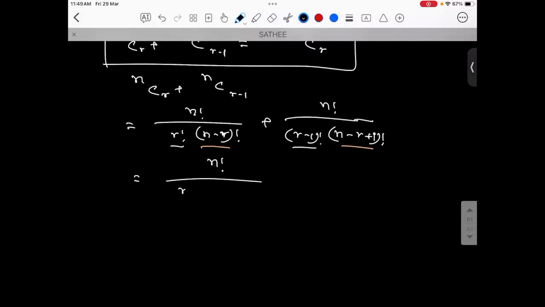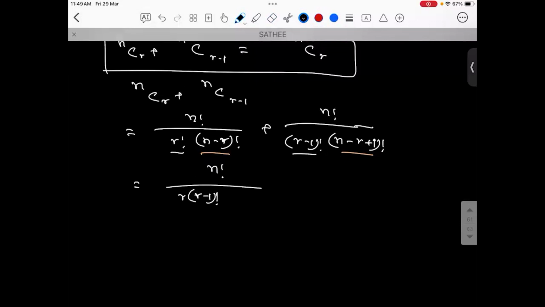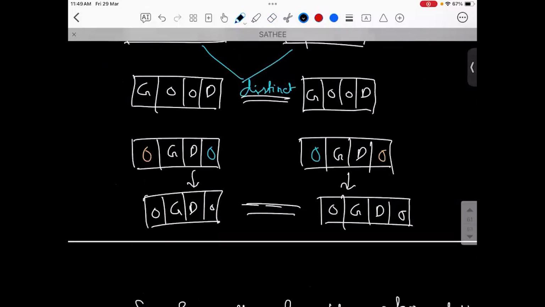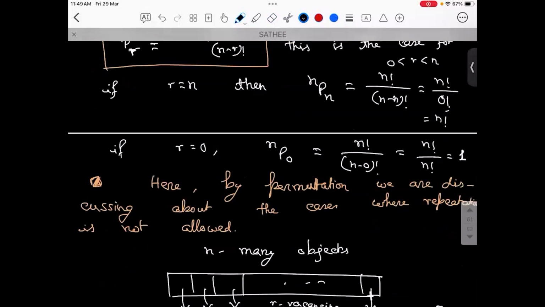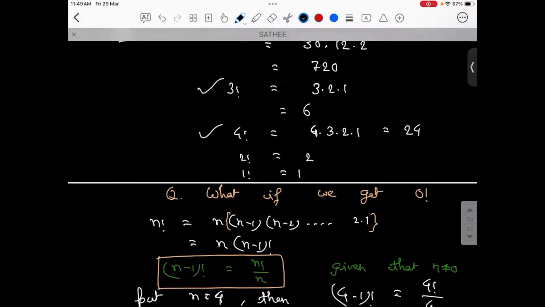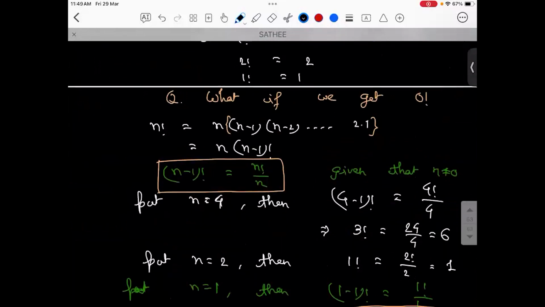I have already discussed in the factorial notations that n factorial equals n into (n minus 1) factorial.